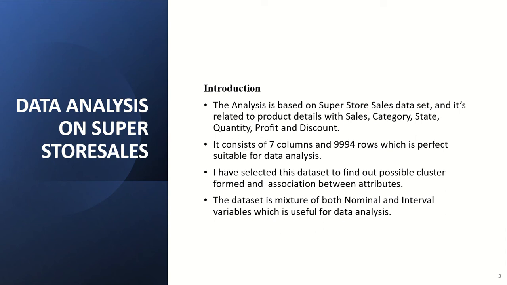I selected this data set to find out the possible clusters formed and the association between the attributes. It consists of a mixture of nominal and interval variables, which is useful for the data analysis.